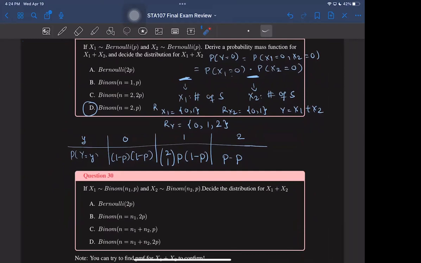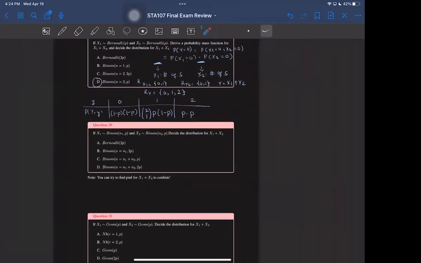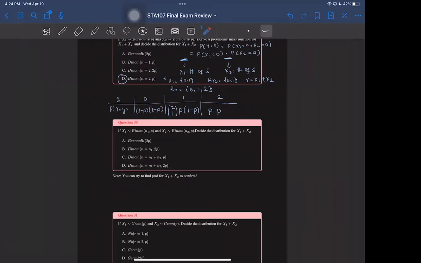If not, then I will let you vote on question 30. Let me know if you have any question. We only have 36 questions, so almost there. I think we did this one in tutorial.